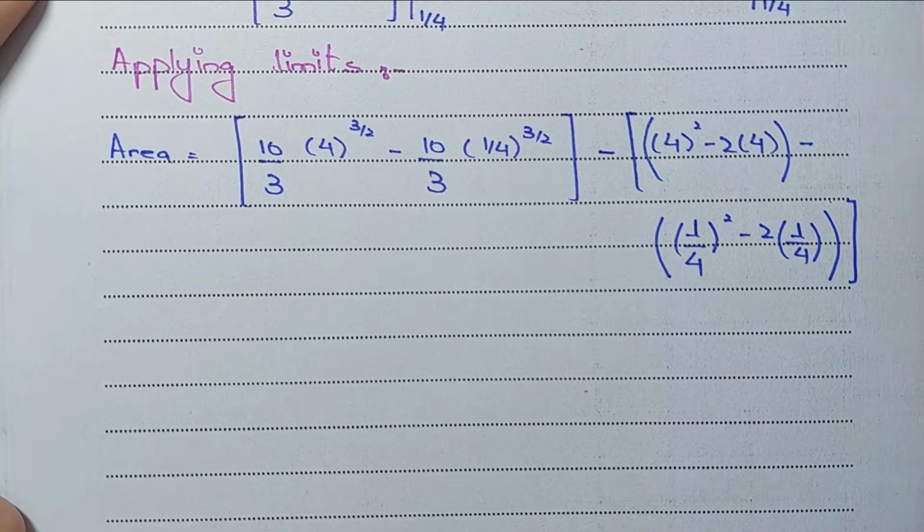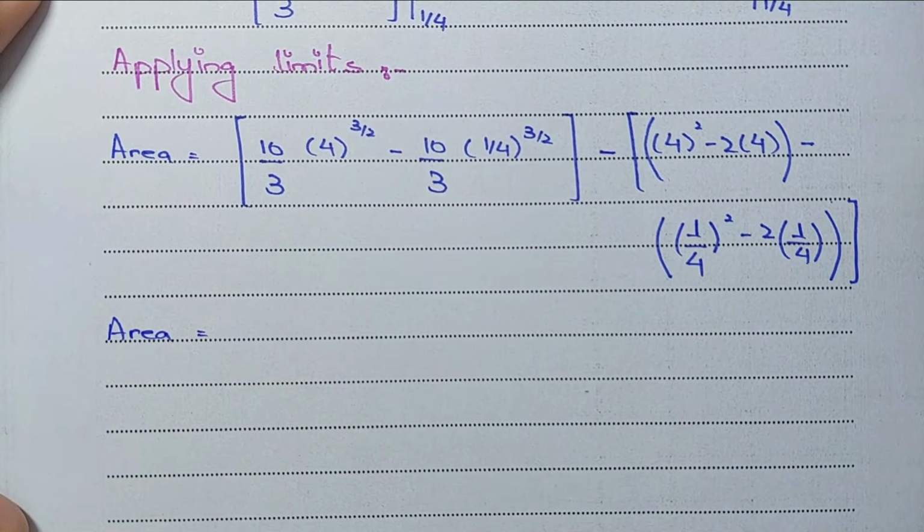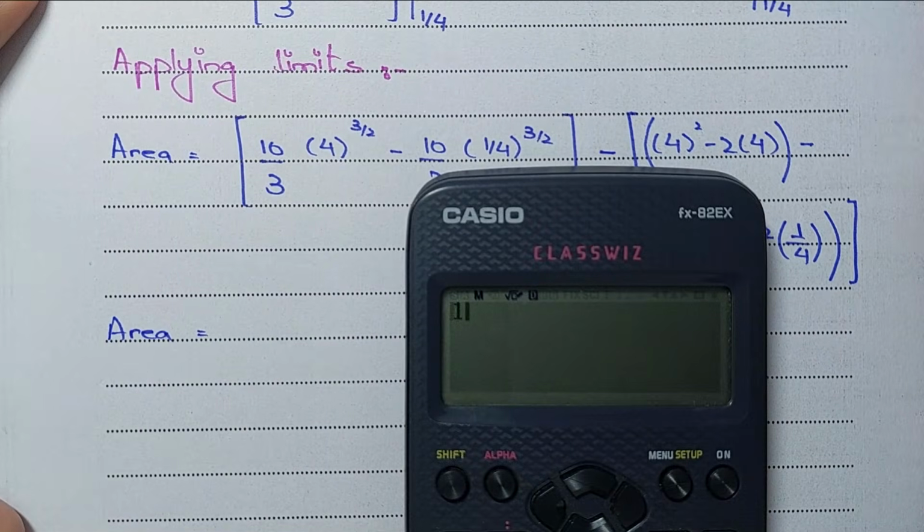Okay, now simplify. 10 over 3 multiplied by 4 to the power 3 by 2.